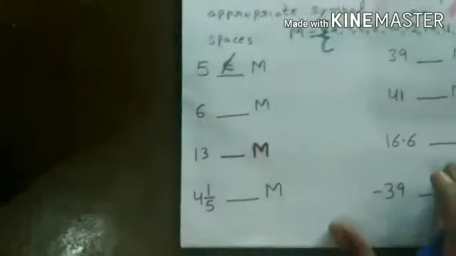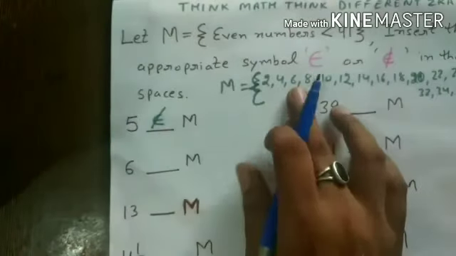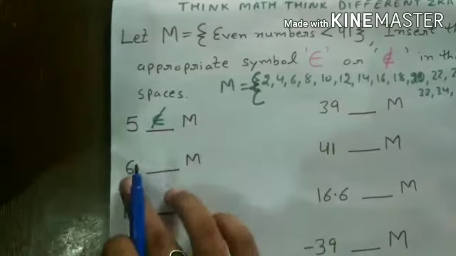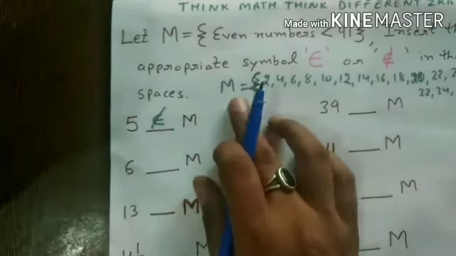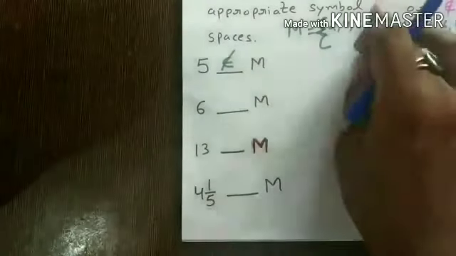Similarly, you can see 6. Does 6 belong to M or not? You can see that 6 is there. The 6 is a member of this set M. So which symbol will I choose? I will choose the belongs to symbol.